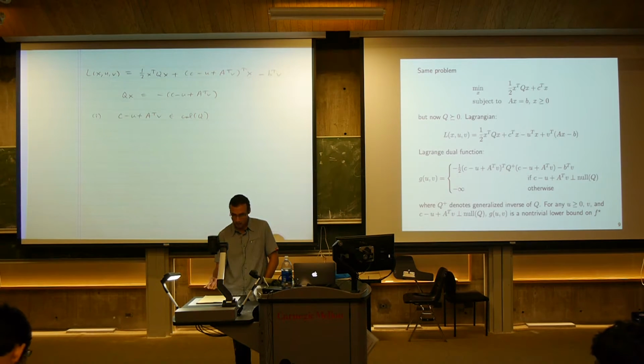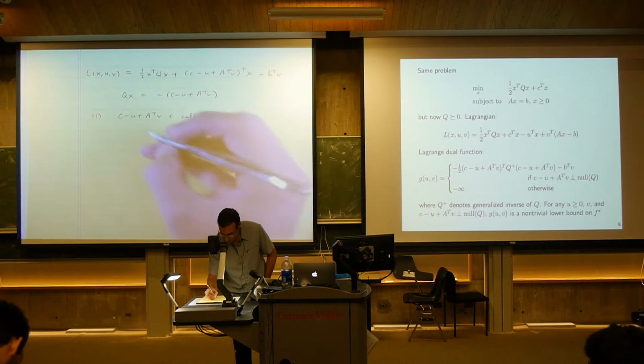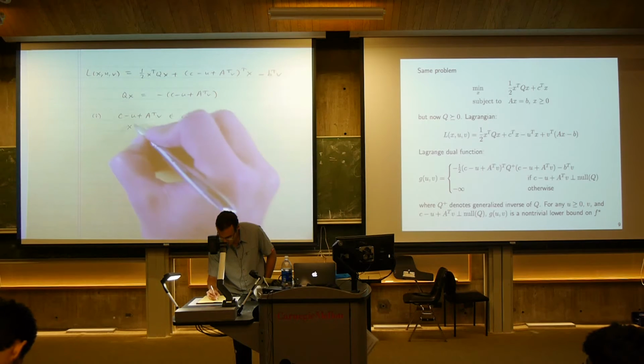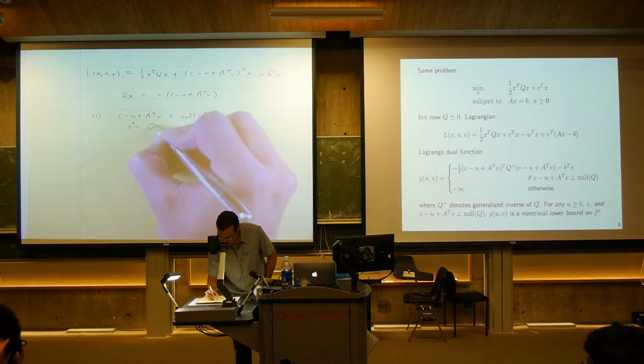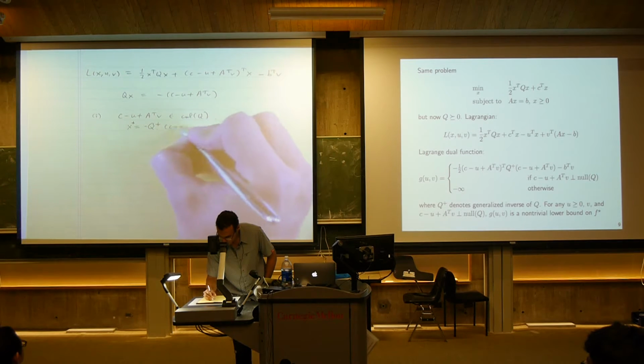In that case, we can actually write the solution, let's say x star, as the generalized inverse of Q times minus c minus u plus A transpose v.